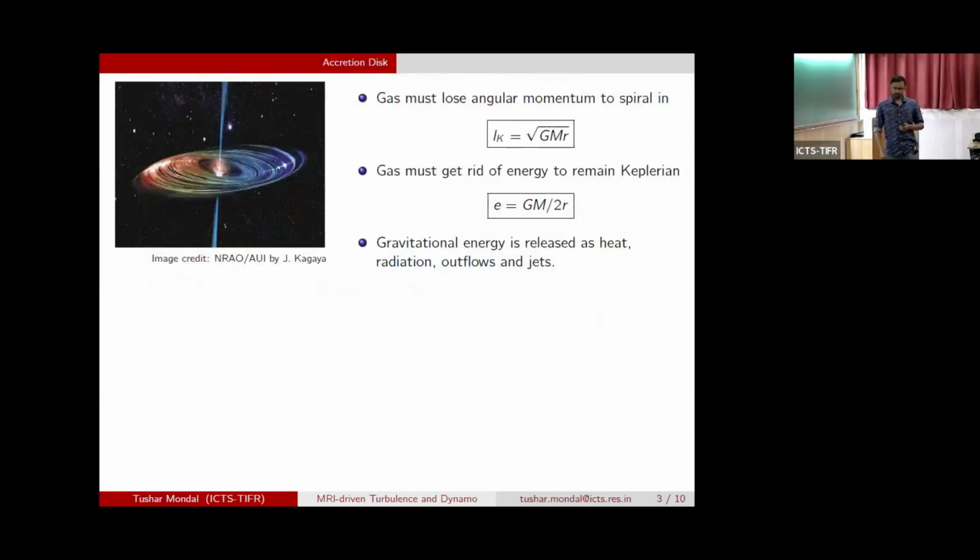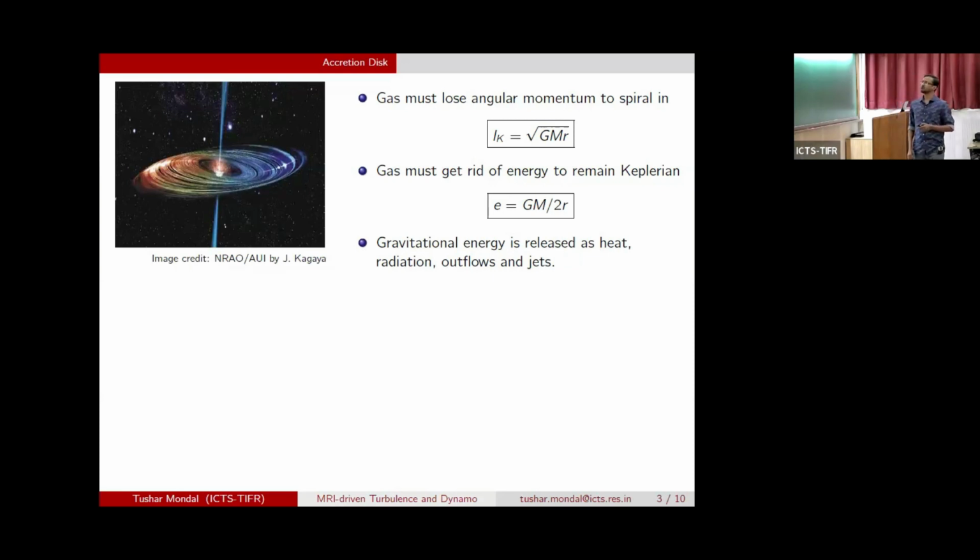Now, if we look at the very basic picture, though this disk does not follow a purely Keplerian profile, gravity balances the centrifugal force, so we can easily calculate the angular momentum, and the specific angular momentum profile follows the square root of the distance from the central object. So matter from far away has very strong angular momentum, and near the central compact object it loses almost 100% of its angular momentum to form the disk-like structure.